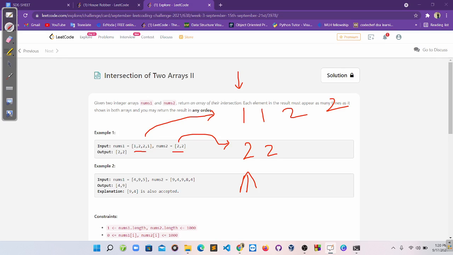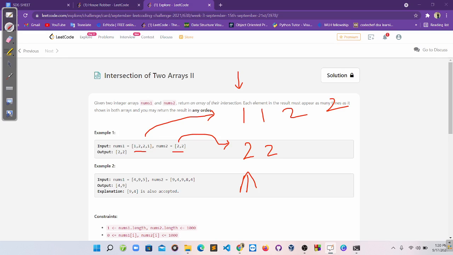No, but the element at this pointer is less than that one. Can we figure out something from that? Yes. As the arrays are sorted, if the element here is less than the element there, then the other one is greater.